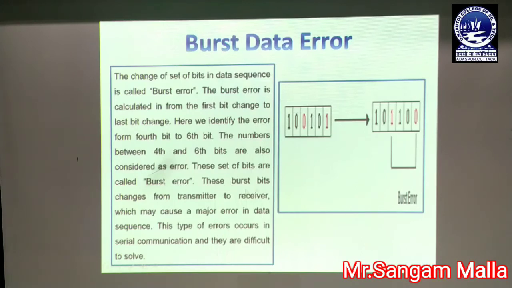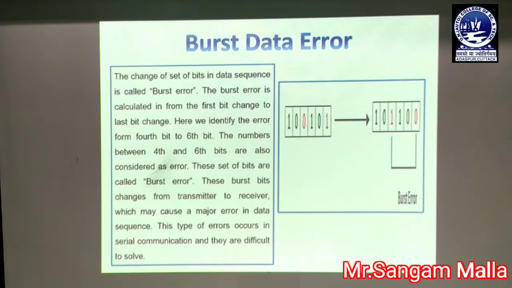These burst bit changes from transmitter to receiver may cause a major error in the data sequence. Whenever the data is sent from the sender to the receiver, there are chances that a lot of changes may be formed while being transmitted from the source to the destination.